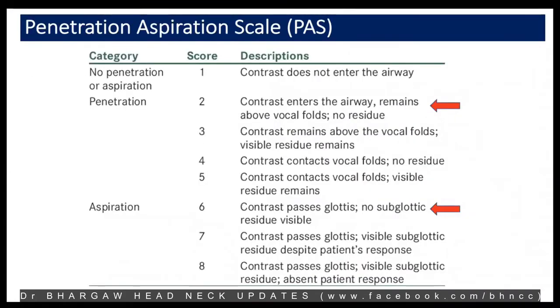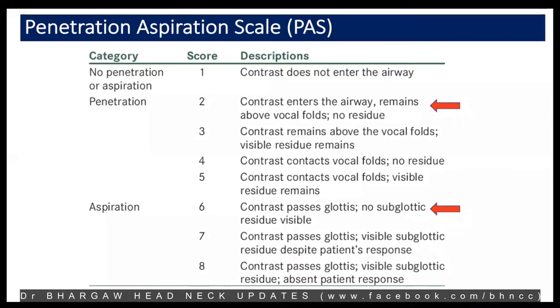So now we have done a FEES or a video fluoroscopy, and we have used certain scores or parameters to assess what problems the patient has. One of the commonly used scoring systems is by Rosenbek. It's called the penetration aspiration scale, where we categorize 1 as no penetration, 6 as aspiration, and 8 as a very, very severe level of dysphagia. So what is penetration?